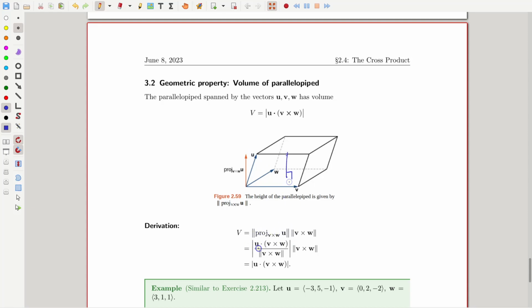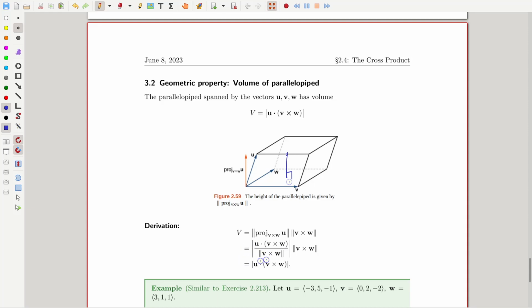This next line is actually just the scalar component. It was in the previous lecture. You can check the formula. The scalar component is this expression, and then the absolute values are there just to get rid of the possibility of it being negative, because in the definition of the scalar component, it could have been negative, in which case that meant that you flipped the direction of the vector.